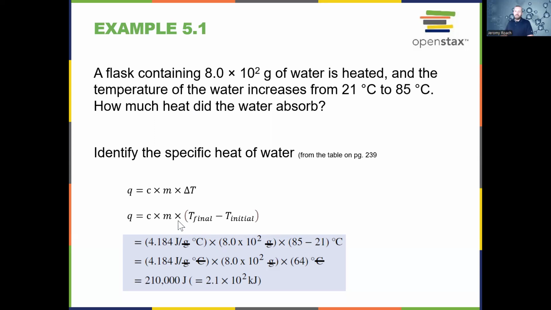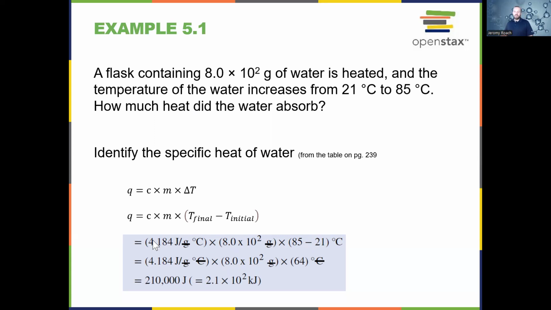So everything that we do with these variables, you can think of as putting it in parentheses, just in case, especially for the temperature part. So if we add or subtract, we have to put that in parentheses in order to do the order of operations correctly. So our final minus our initial is 64 degrees, and our mass doesn't change.